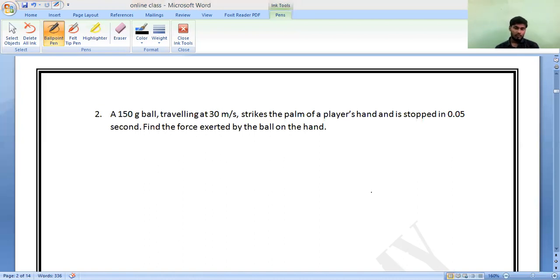Same model question. What is the answer?